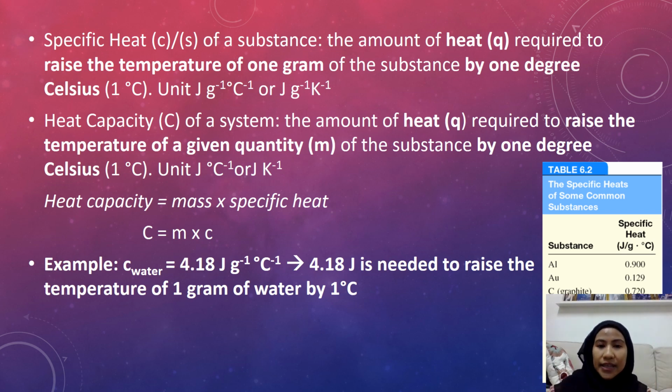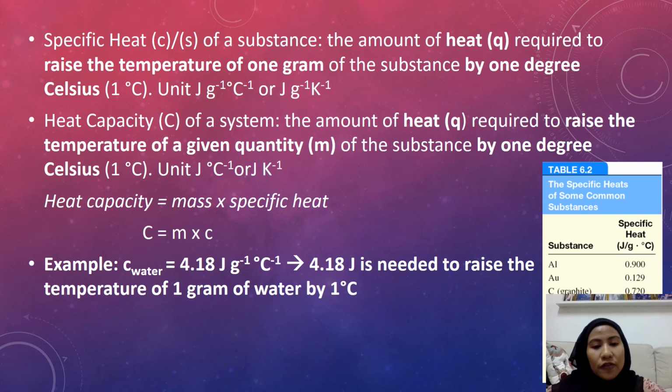Specific heat and heat capacity do have a relationship. To calculate the heat capacity, the capital letter C, we need the specific heat. The formula of heat capacity is mass in grams times specific heat. Here we have an example of specific heat for water.